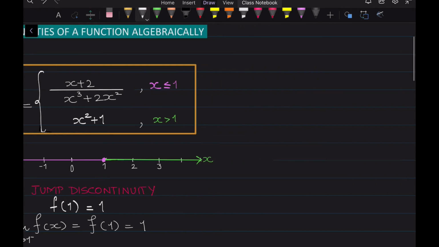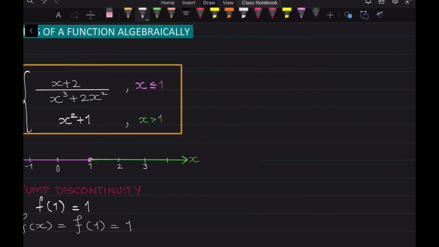So the denominator is 0 means that this x cubed plus 2x squared is 0. Now if we factorize this left hand side, we can take x squared common and we are left with x plus 2 inside, and then this is equal to 0, and which implies that x is equal to 0 or x is equal to negative 2.